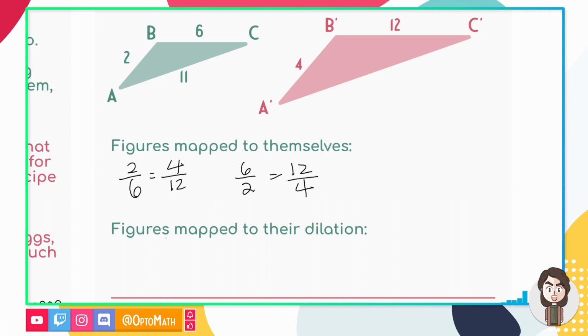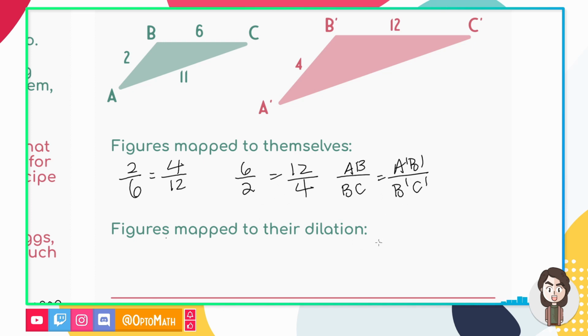Now if we take figures mapped to their dilation, that's going to look like AB over BC equals A prime B prime over B prime C prime, which is that first one. And again, we just reciprocate that, or we'll flip those fractions for the second one.